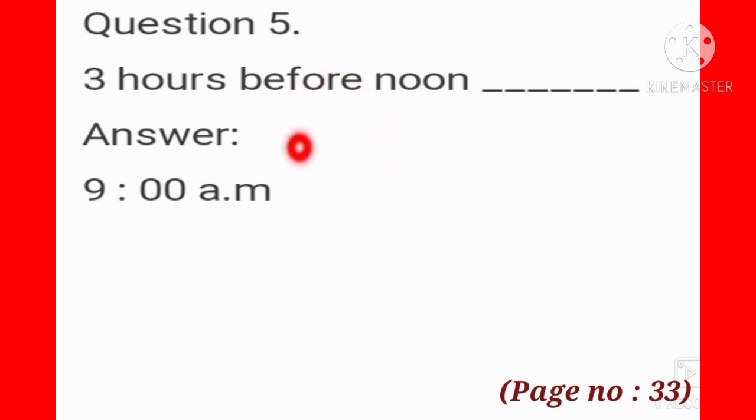So before noon, it represents AM. So the answer is 9 AM. So children, noon represents 12 o'clock. Before 3 hours, it means that we have to subtract 3 from 12. That is 12 minus 3 is 9. And the signifier here is AM. So the answer is 9 AM.